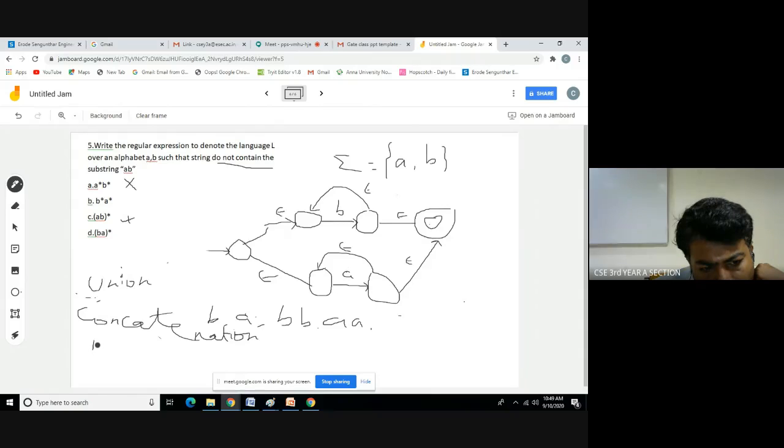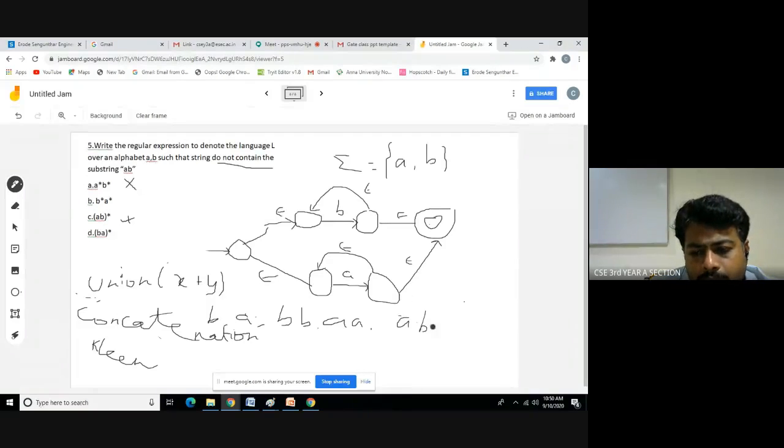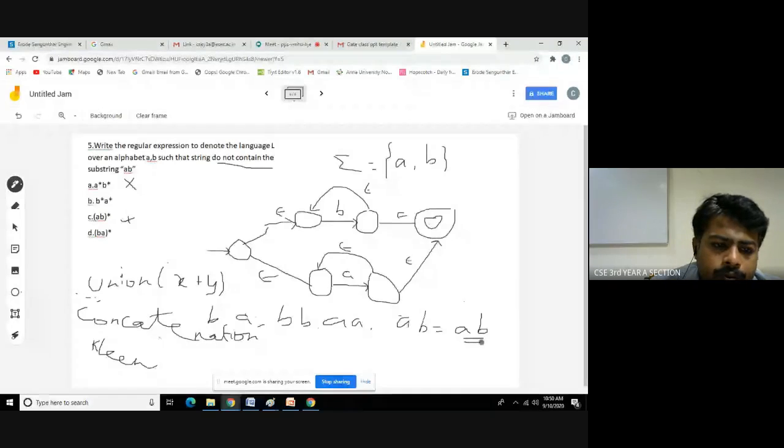So these are the three different operations available in regular expressions. I already told about the union. The next one is concatenation. In this case, concatenation comes over here as A dot B, which is represented as AB. So surely the substring AB occurs in AB star.